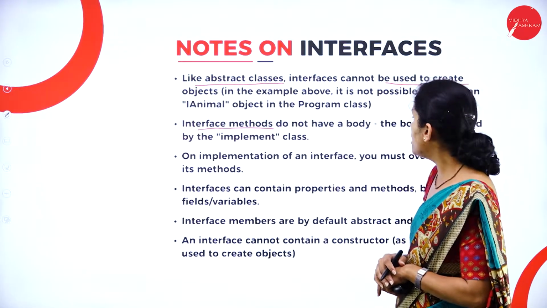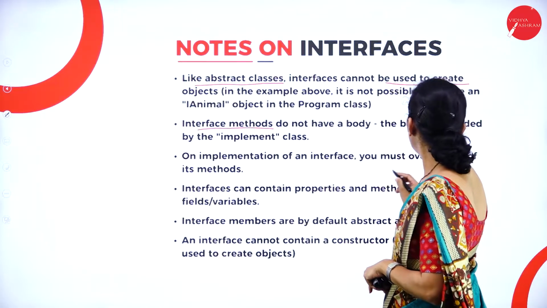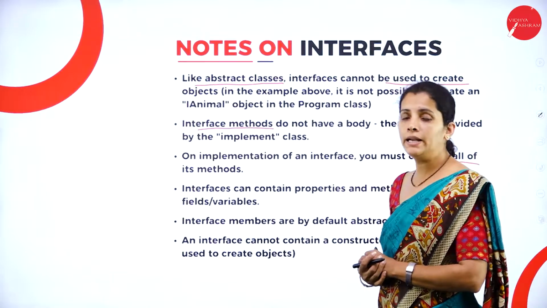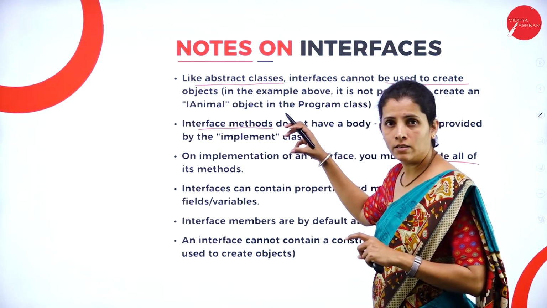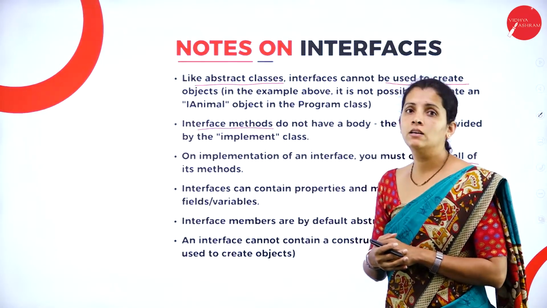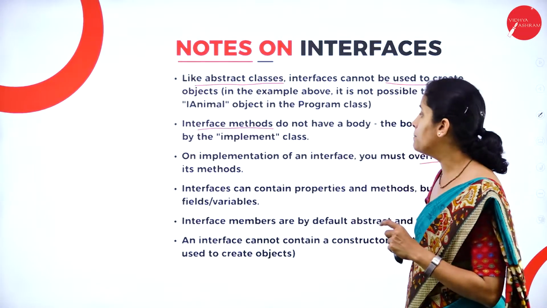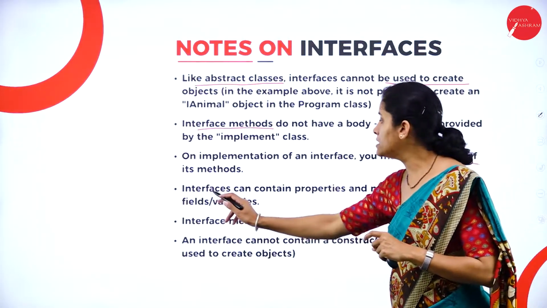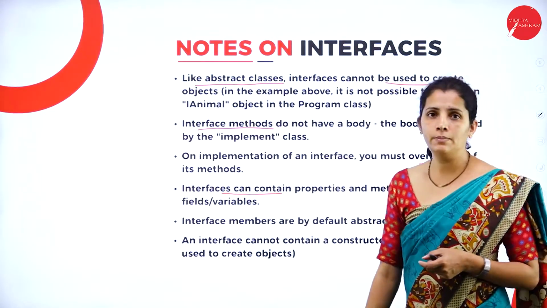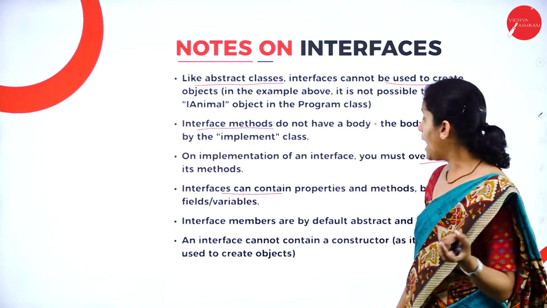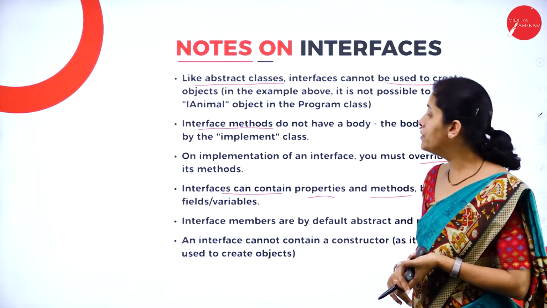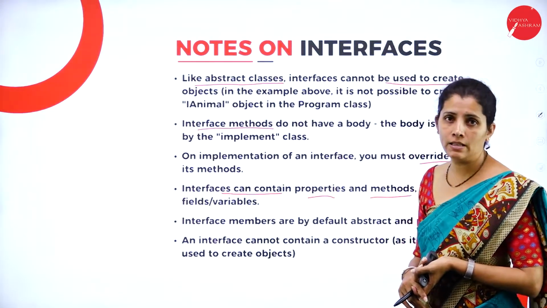On the implementation of an interface, you must override all the methods. That means while implementing the interface, while writing the implementation part, I override the methods. Now, an interface can contain properties as well as methods. That means an interface may have properties and methods but does not have fields or variables.